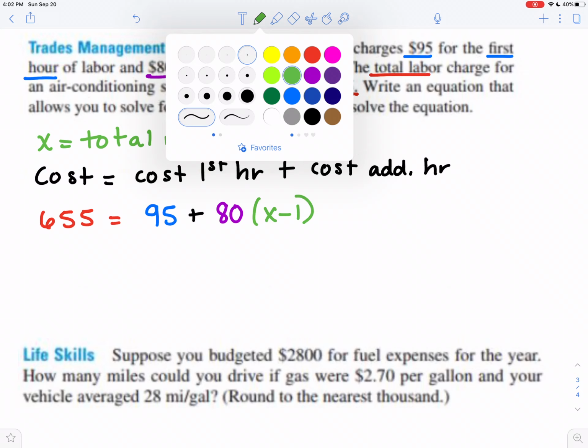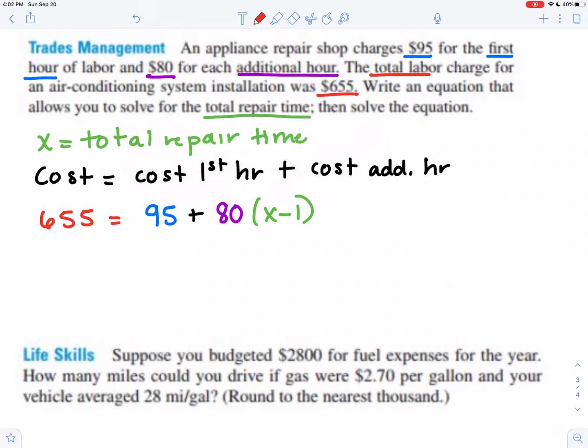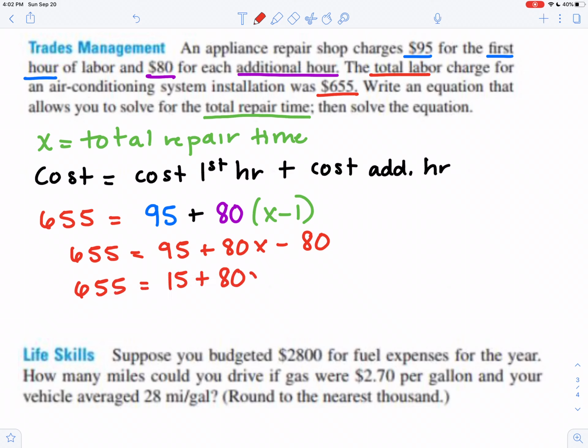Now I'm going to simplify and solve. I'm looking at 655, and if I get rid of the parentheses first, 95 plus 80x minus 80. Combine like terms. 95 minus 80 is 15, plus 80x.